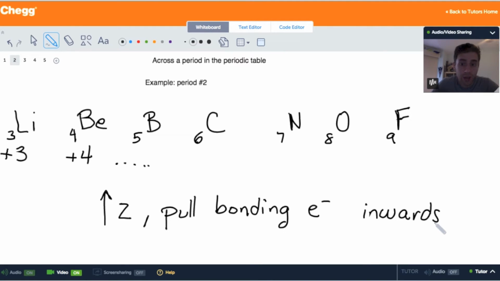So if you're not increasing the distance between the nucleus and the valence electrons, because you're not changing the energy shell which they're found in, and you're just increasing Z, you have a tendency to pull those electrons in towards yourself because you have more of a positive charge within the nucleus. So as you go from left to right, you increase electronegativity.